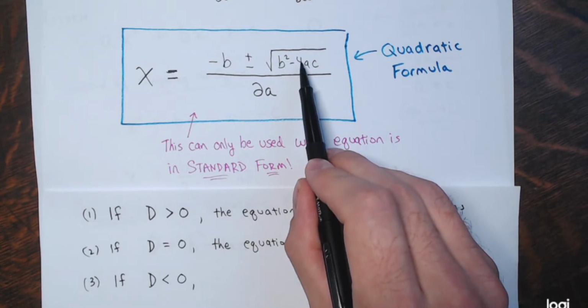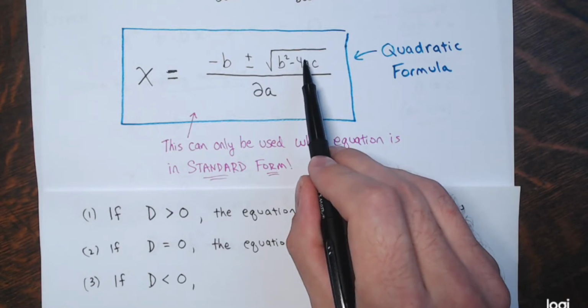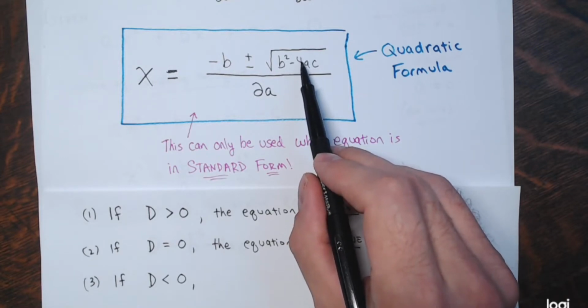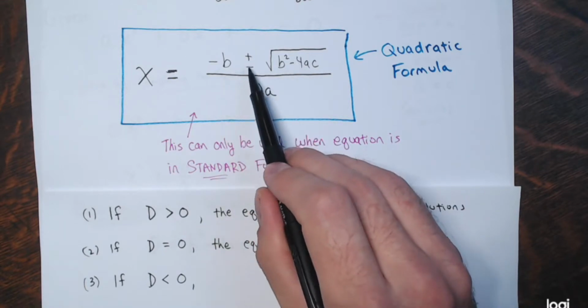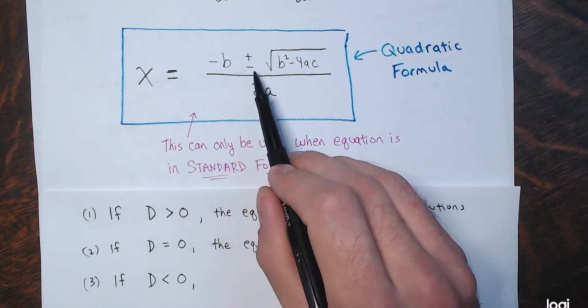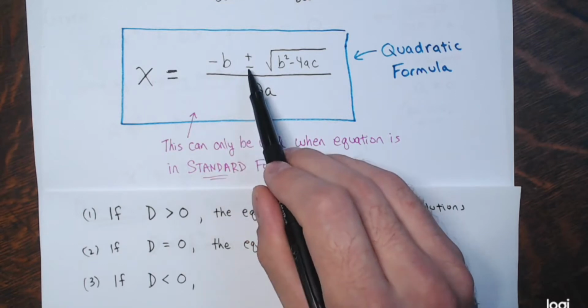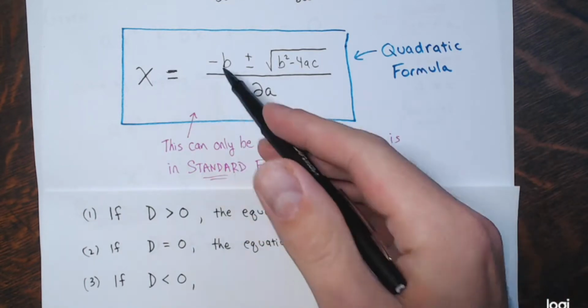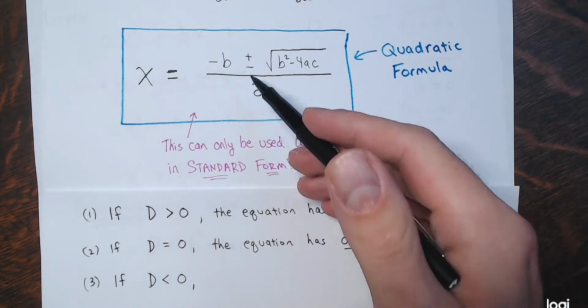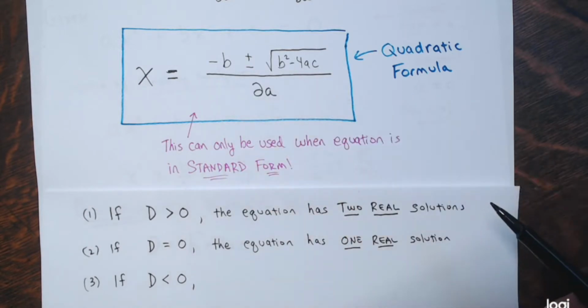You're going to be rewriting those with that i, the square root of negative 1, the imaginary unit i. So then you'll have negative b over 2a plus some imaginary number over 2a. And then negative b over 2a minus some imaginary number over 2a. So you'd have a real number, negative b over 2a, plus or minus some imaginary number as well.